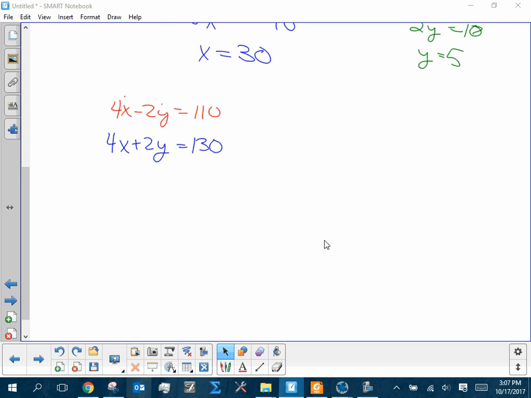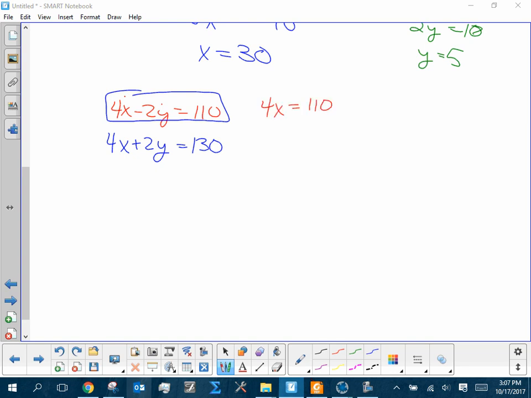We still need those equations. All right, but let's do it this way. Let's just take this red equation and let's solve it for 4x. You guys agree with that? Just add 2y to both sides.